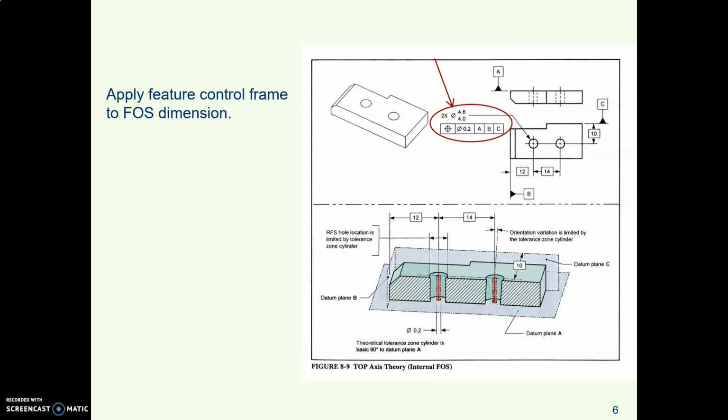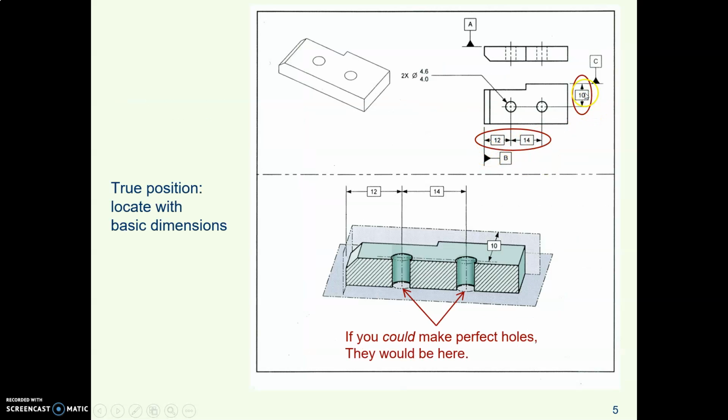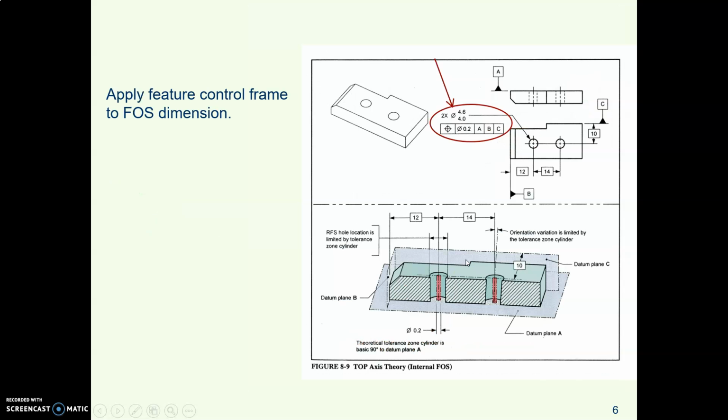Then you apply a geometric control to that feature of size dimensions. So, let me back up here. Here are the basic dimensions that locate the true position. And here is the feature control frame that gives the tolerance around which those hole centers can vary.